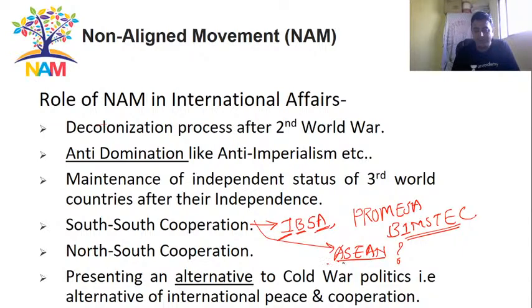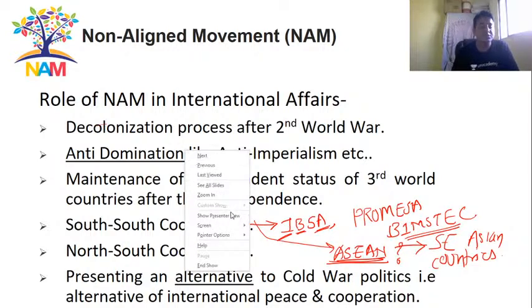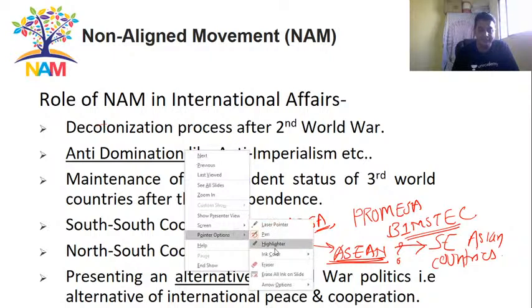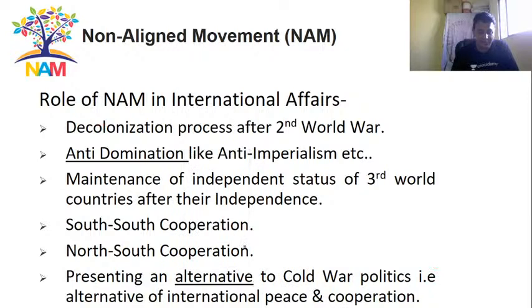Who are the members of ASEAN? Southeast Asian countries. So can we say that it is a part of South-South cooperation? Yes, exactly. Good. Clear? So the idea is clear.